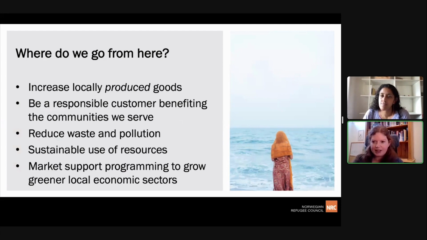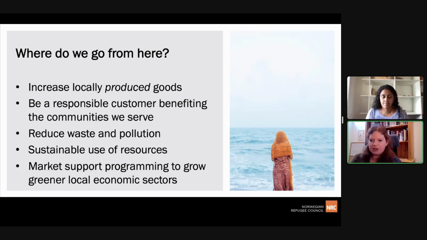And I would say within procurement, we recognize that the responsibility of organizations goes beyond just buying things, but actually thinking about the source of materials, the lifespan and durability of those materials that we're selecting.